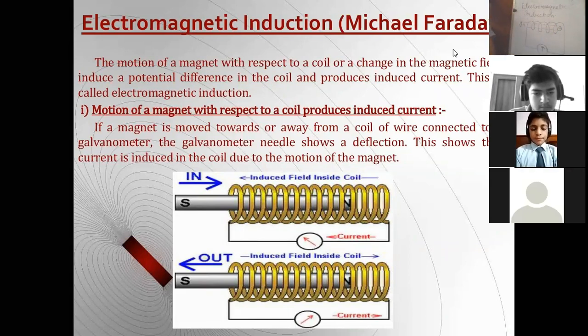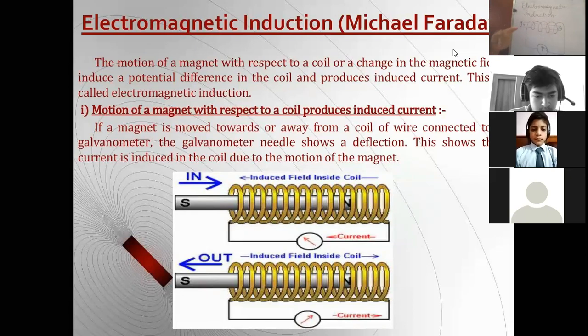It means that whenever there is a change in the magnetic field, also known as magnetic flux, the current is induced in the coil. This is the way electricity is created in the power stations.